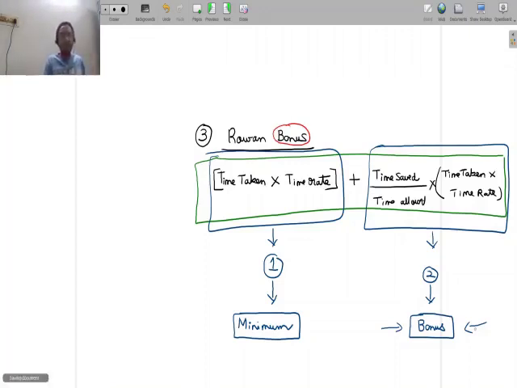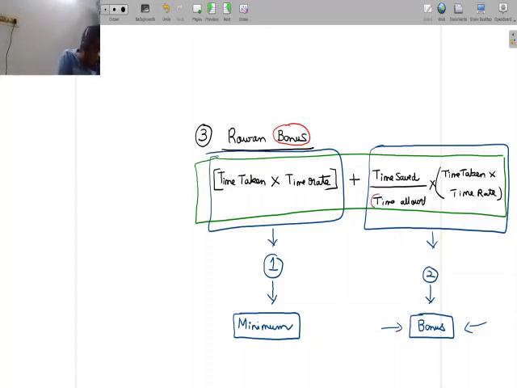So Rowan tells the company that for every hour worked, you could offer a time rate. But after that, you tell the worker, if you are able to have some time saved, that means if you're able to finish the work much earlier, then you are eligible for a bonus. So here we introduce two components.